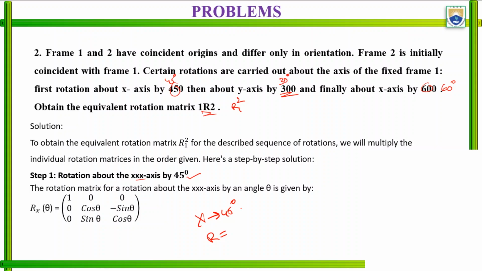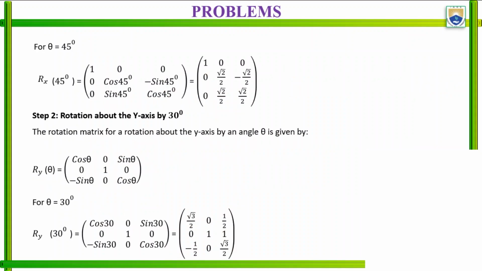So when we are considering the x-axis an angle of 45 degrees, the rotational matrix is the standard, which is this one, 1 0 0 0 cos theta minus sin theta 0 sin theta and cos theta. So when we are substituting that in the matrix, what we have got, rotational matrix at 45 degrees is equal to 1 0 0 0 cos 45 minus sin 45. As we all know, cos 45 is nothing but root 2 by 2 and minus sin 45 is minus root 2 by 2, sin 45 root 2 by 2 and cos 45 root 2 by 2.